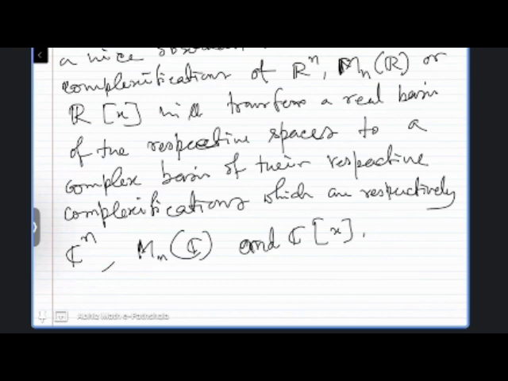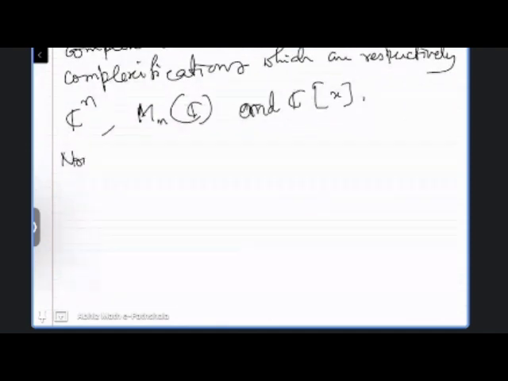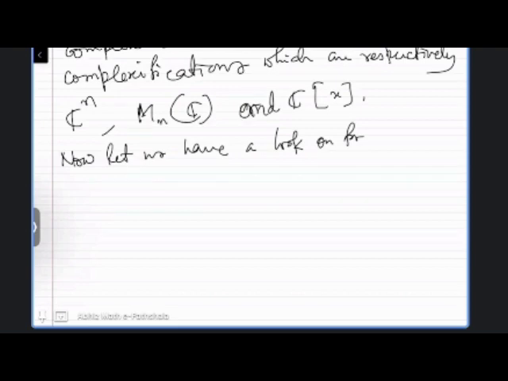So let me prove it in general. Let us have a look at a general case.